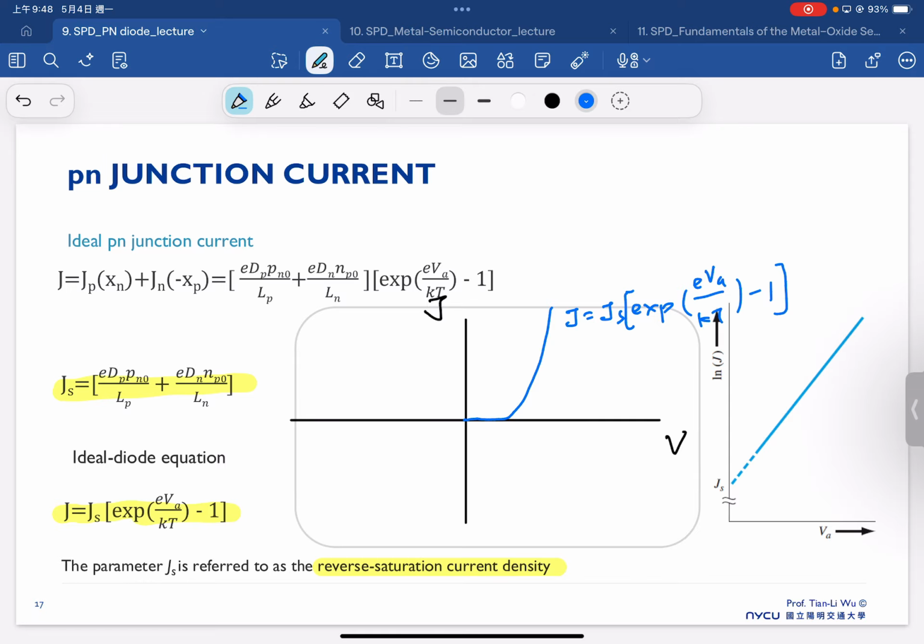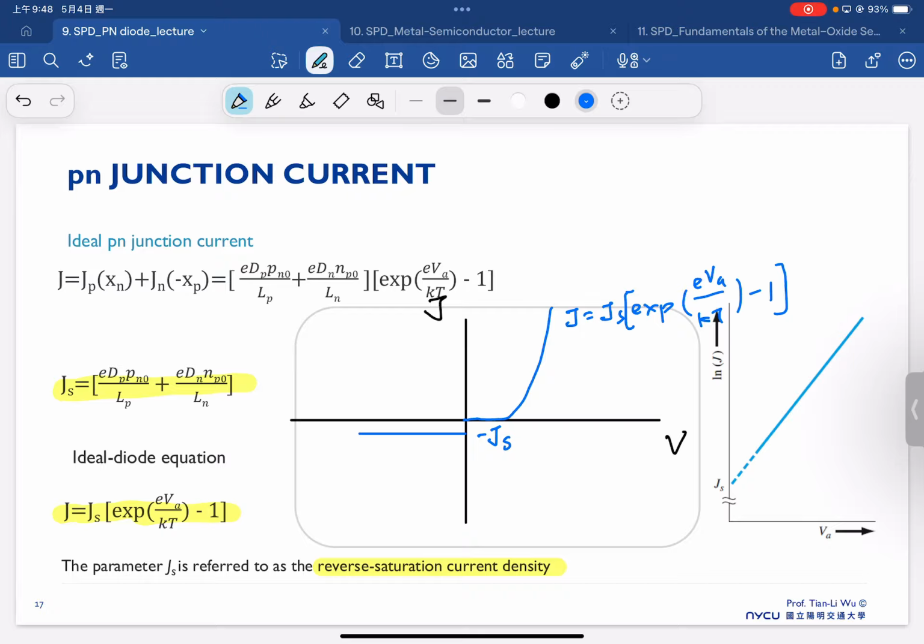On the other hand, the Js also refers to, as shown here, the reverse saturation current density, and therefore the Js is shown in here.